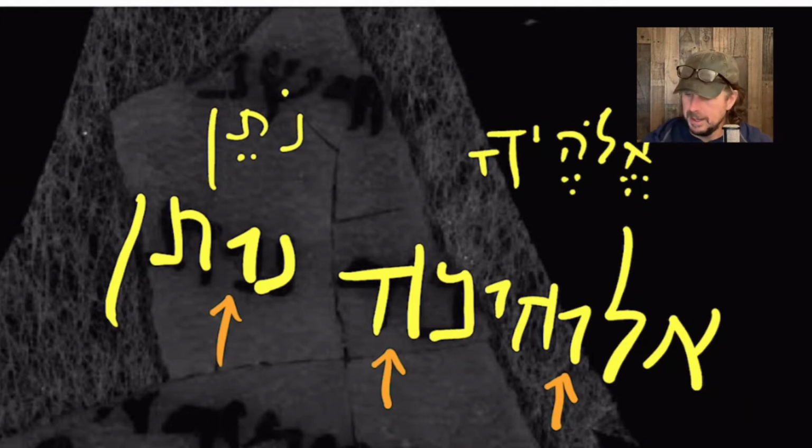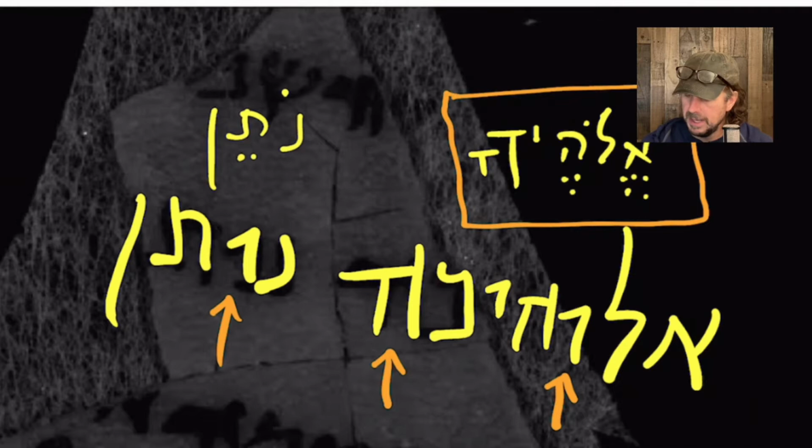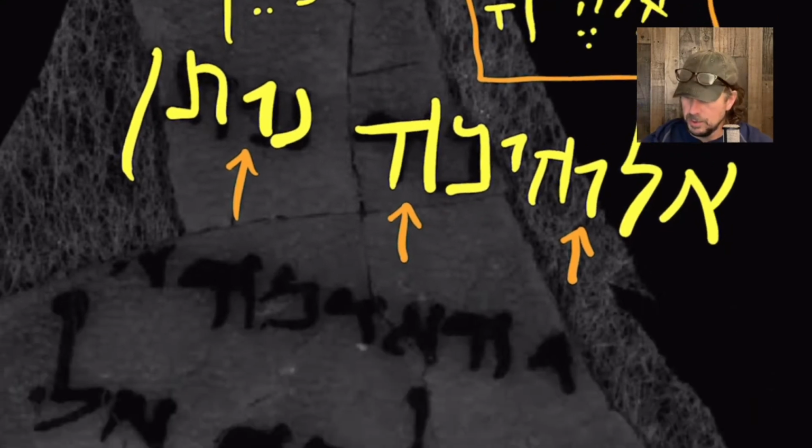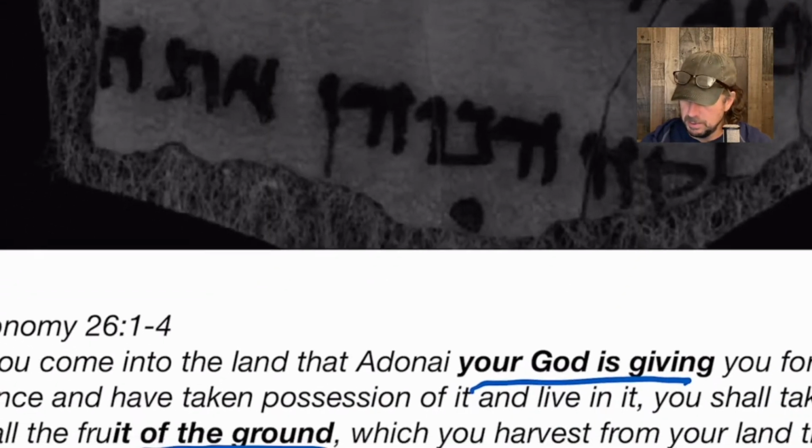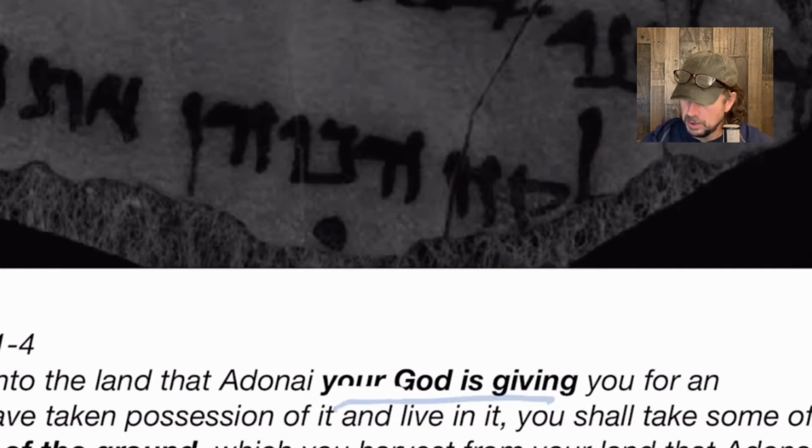You can see how in the Masoretic tradition we have Elohecha, where the word ends with a kaf sofit. What we see in Qumran, it does not end in a kaf sofit, it ends in a kaf with a hey. Do you see that? So that is one difference here in this line. And this corresponds, as we saw in our translation below, to Adonai your God is giving, to that part right here.